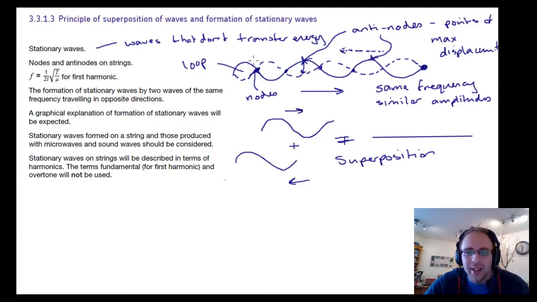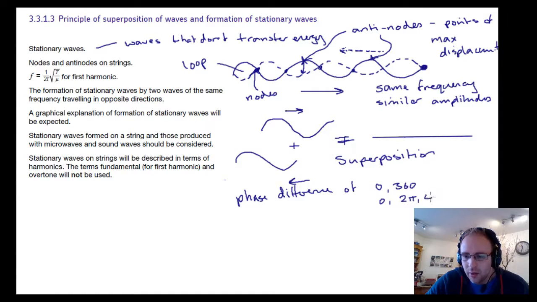Adjacent to that, all of the parts of the string in this part of the wave are all in antiphase with these parts of the string. So when we talked about phase earlier, I forgot to do this: if we have a phase difference of 0 or 360 or 0 or 2 pi or 4 pi or 720 degrees, we call that in phase.